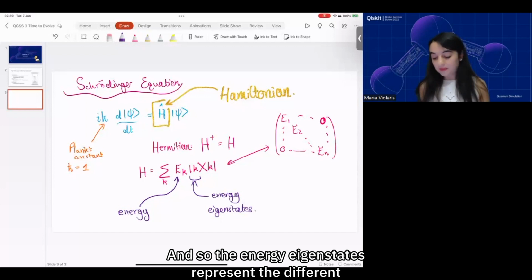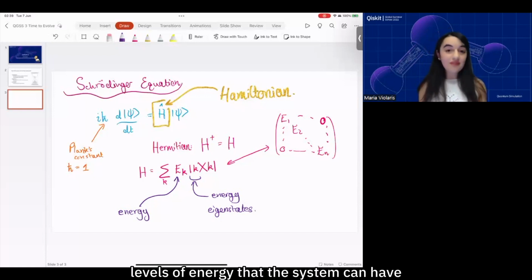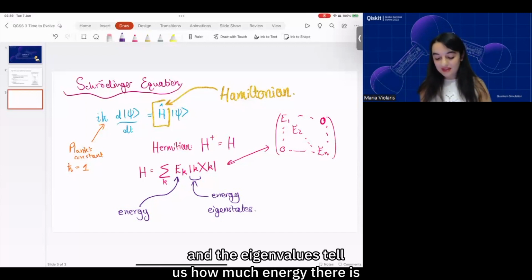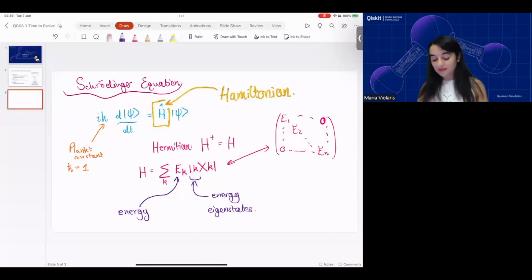And so the energy eigenstates represent the different levels of energy that the system can have. And the eigenvalues tell us how much energy there is in those different states.